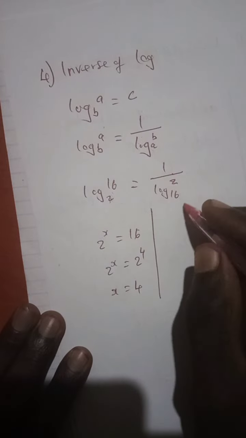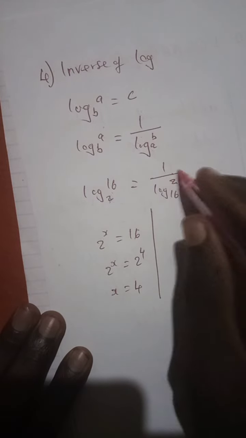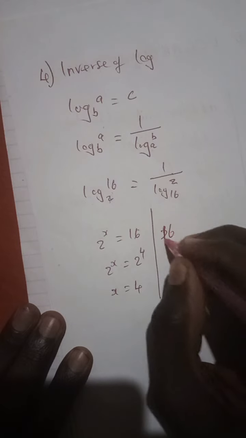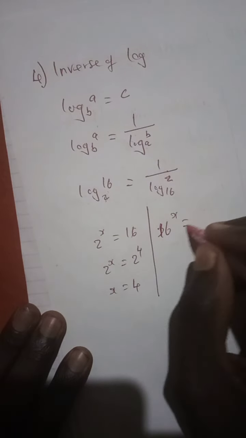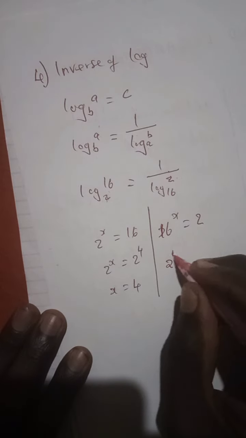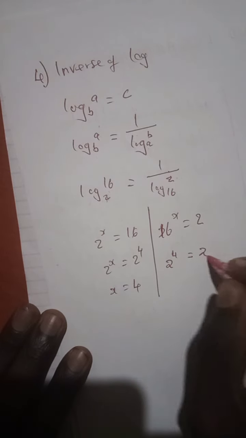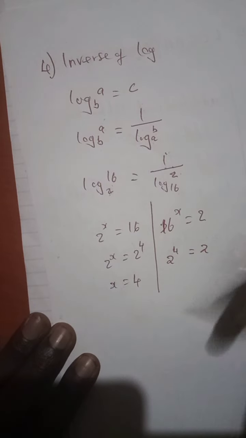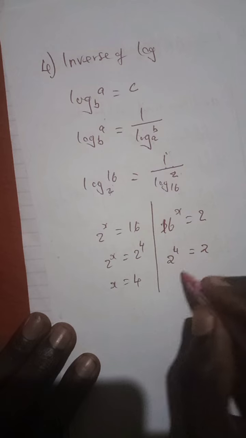Similarly here, this is 1 over, so this is the inverse. 16 raised to x is equal to 2. So this is like 2 raised to 4x is equal to 2. But remember, you have an inverse that you have left, so you shall recur it later.